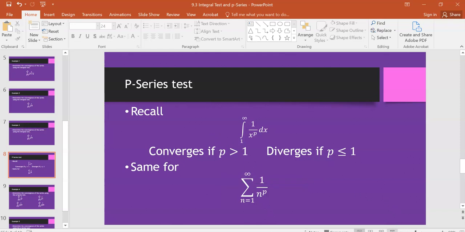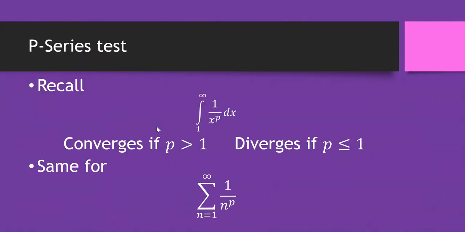Now, this oftentimes is called the P-series test. So the P-series test, obviously, because we're talking about the exponent, the power of n here, but it just comes straight from the integral test. So the integral test and P-series are essentially, P-series is just one version of the integral test.